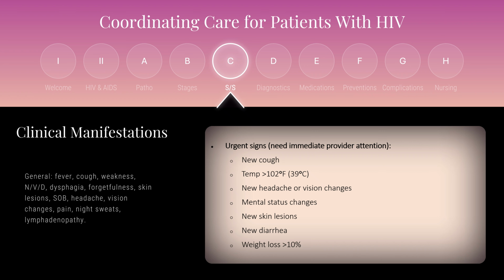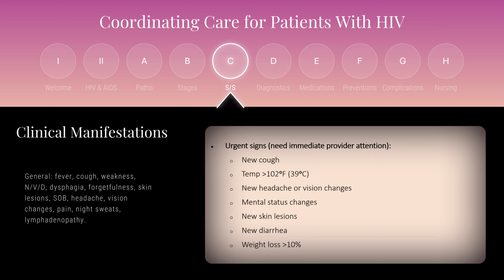In our book, table 22.2 links manifestations to probable causes, for example weight loss with disease progression, cough with TB or pneumonia, severe headache with meningitis.